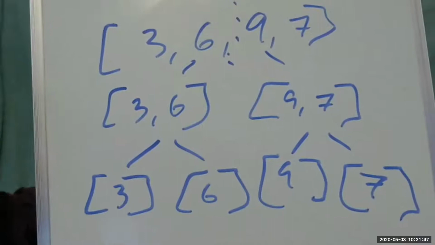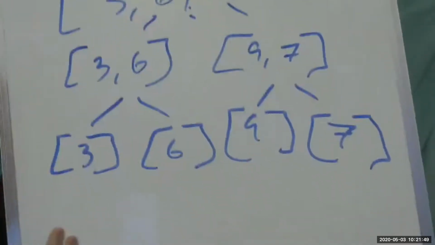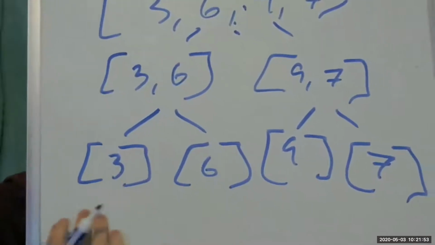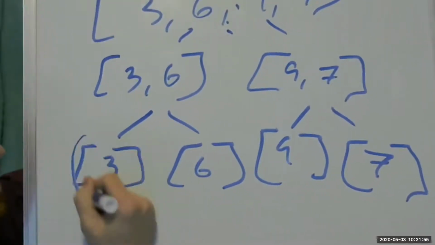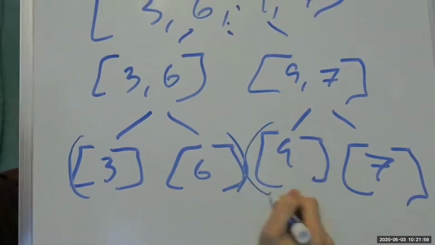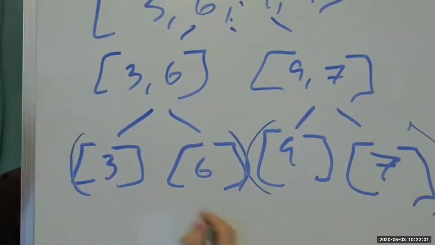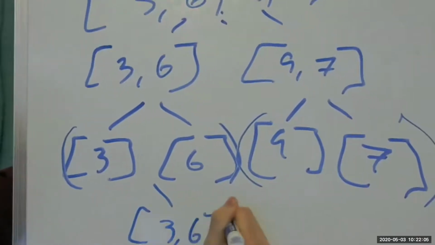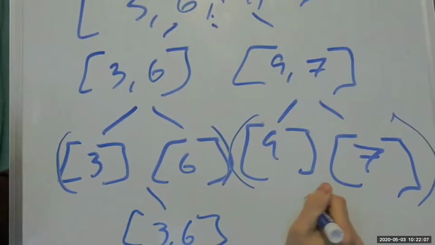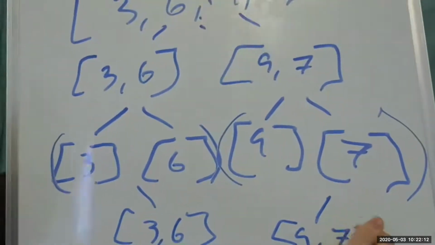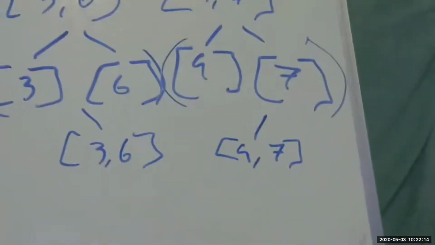Right? And so now is when it gets hit with the merge. So what we want to merge is only sorted arrays. So first, we're going to merge these two arrays, and then we're going to merge these two arrays. So this ends up going into this world of 3, 6, and this one of 7, 9.